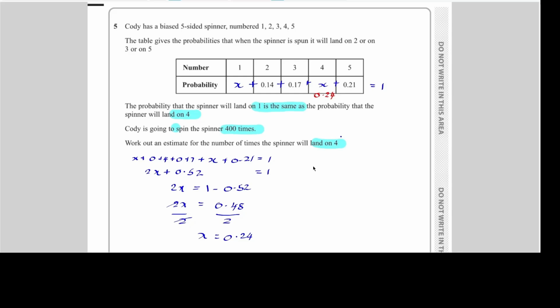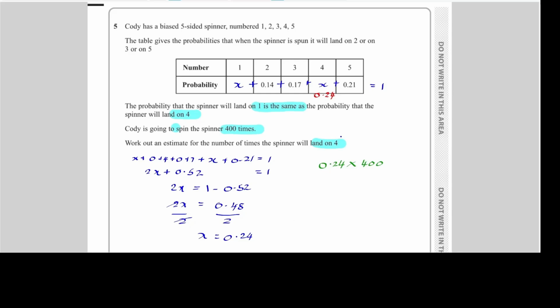So I'm writing here one spin, it is 0.24, then for 400 spins, I've got to multiply this probability by 400 because she's going to spin 400 times. This is for one time. Then I need to get it for 400 times.